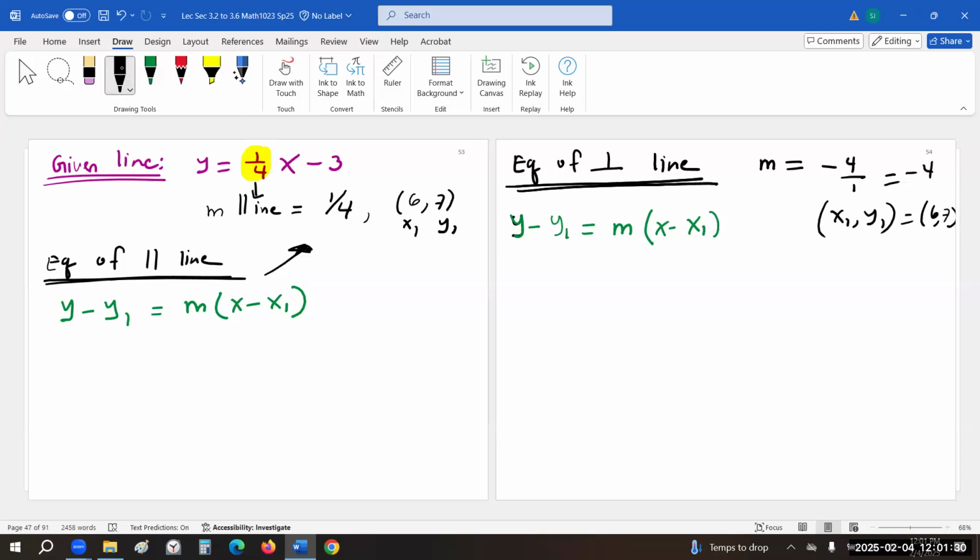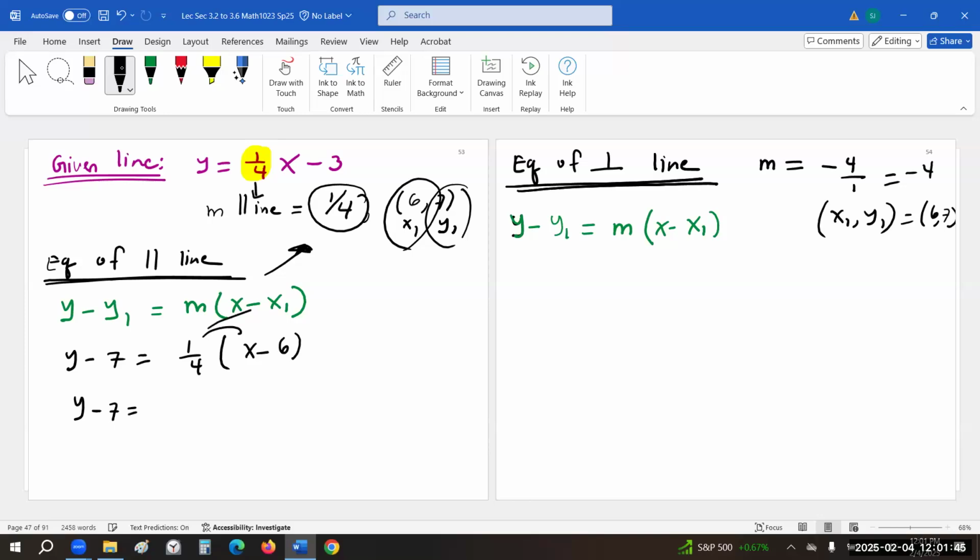So here we have y minus our y1 is 7. Our slope is 1/4. X minus our x1 is 6. So y minus 7, you distribute, you get 1/4 of x minus 1/4 of 6.